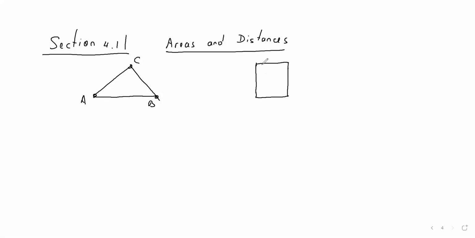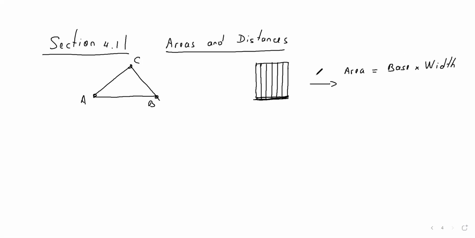If I cut thin slices in this rectangle and they all have the same length, a good measure for this thing would be to multiply the length of the base, which would represent how many slices I have here, times the size of a slice. So that takes us to the notion of area for a rectangle, which is base times width.